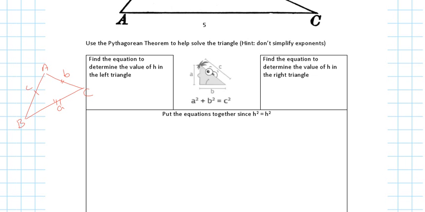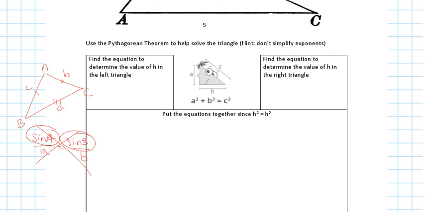If I need to use sine A over A, and then it's equal to sine B over B, I don't have this, I don't have this. So I'm missing two pieces of information. I can't solve. Okay?